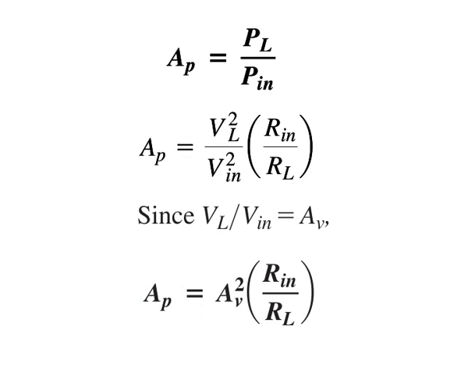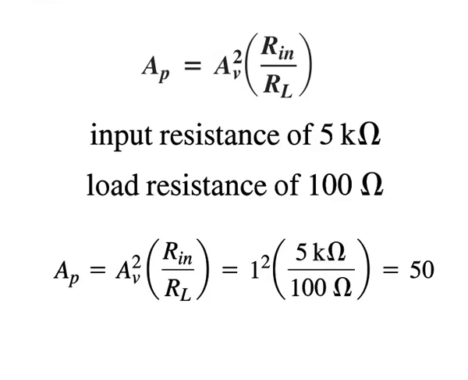This equation shows that the power gain of an amplifier is the voltage gain squared times the ratio of the input resistance to the output load resistance. The formula can be applied to any amplifier. For example, assume a common collector amplifier has an input resistance of 5 kilo ohms and a load resistance of 100 ohms.